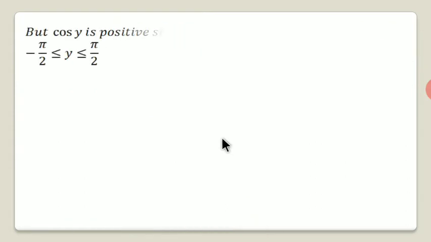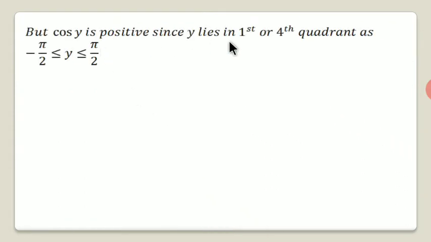And so here cos y is positive, because y lies in the first or fourth quadrant, and in the first and fourth quadrants cos y is positive, as we are given that y belongs to the closed interval minus pi by 2 to pi by 2. Since cos y is positive, we consider only the positive value for dx upon dy. So dx upon dy is square root of 1 minus x square.